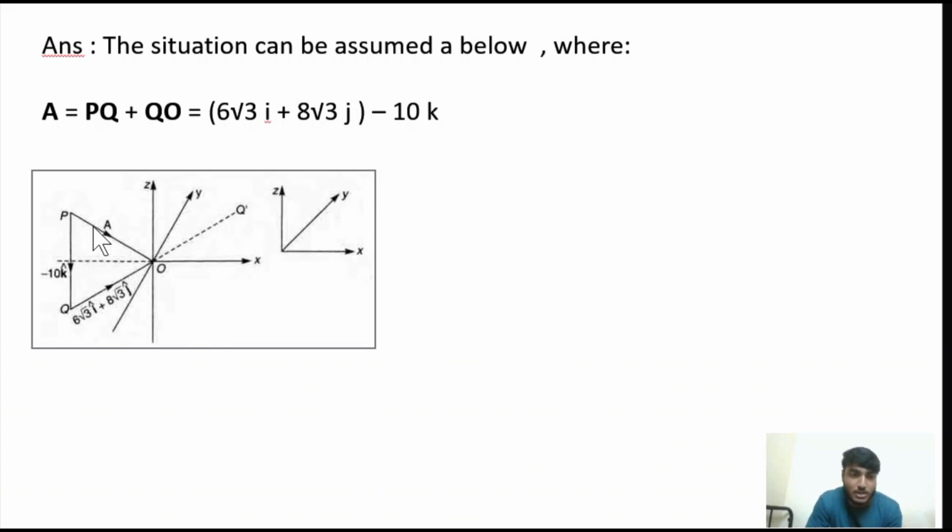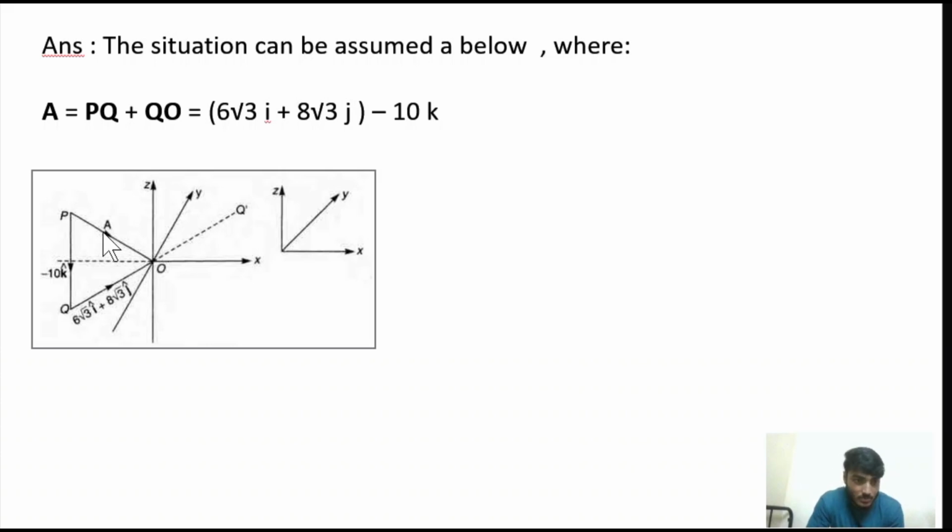So basically we need to find out the angle between minus 10k and vector A. That will be the angle of incidence. Why? Because the angle between vector PO and the Z axis is theta, and as the Z axis is parallel to minus 10k, by alternate interior angles, angle QPO will also be equal to the angle of incidence.